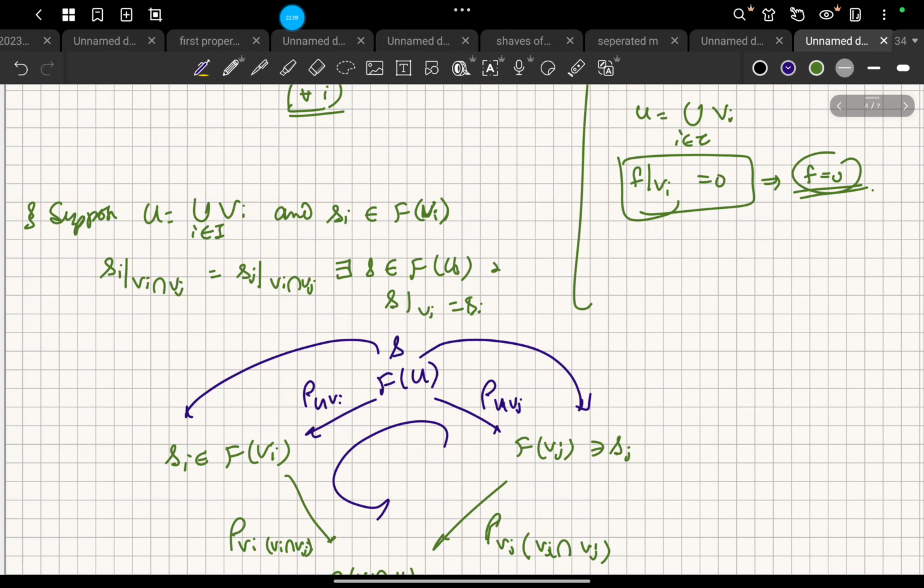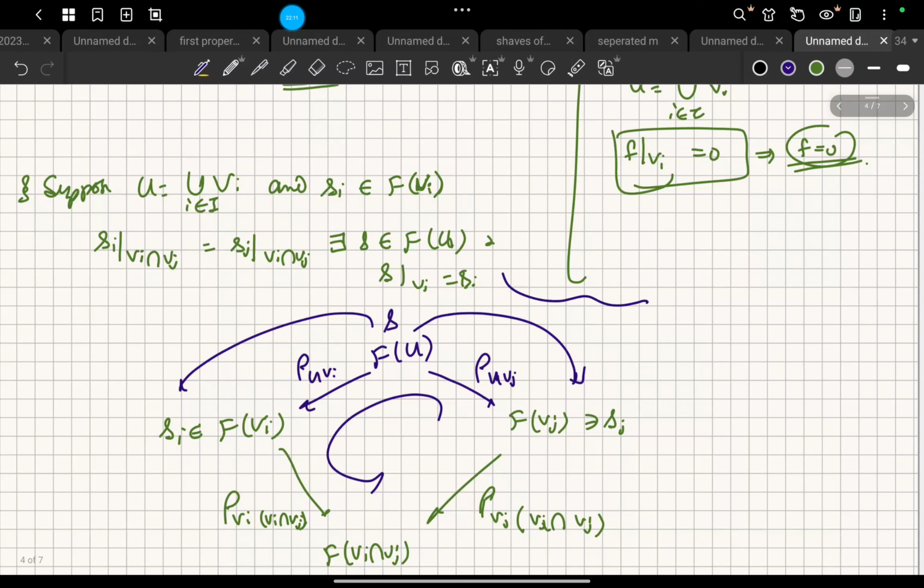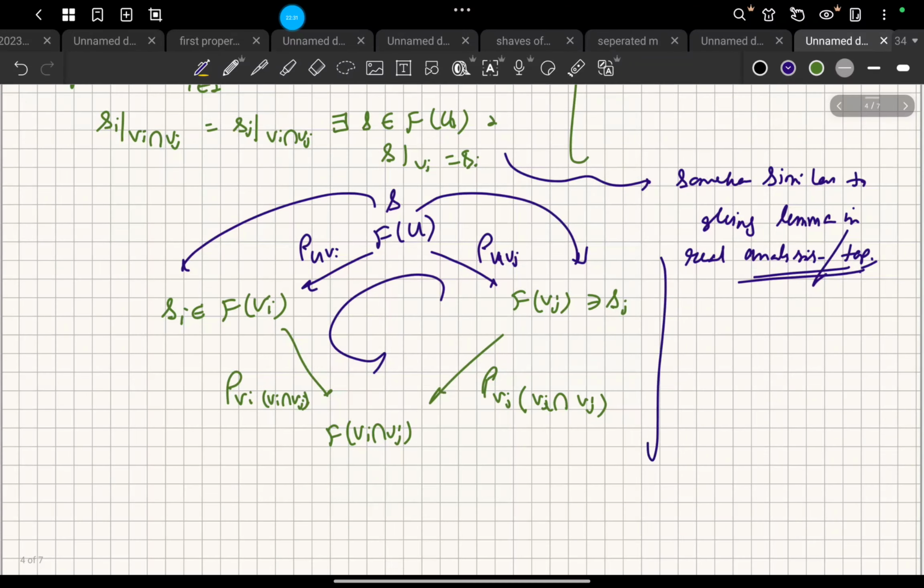So you can easily figure out that it is somehow similar to the gluing lemma in real analysis, or let's say topology. Suppose we want to define a map from U to R, but we are given an open cover Vi.